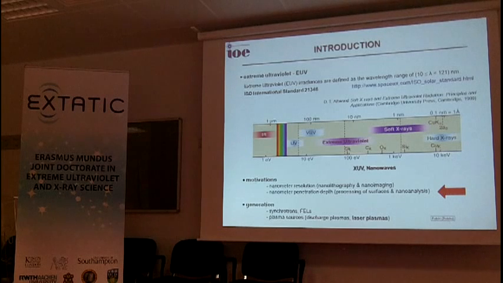However, the penetration depth is very, very low. EUV light at 10 nanometers, for instance, is absorbed in a very thin layer of different materials, depending on the atomic number and density. For instance, for polymers it is less than 100 nanometers. For metals it is less than 10 nanometers. So we should remember that this penetration depth of EUV is very low, and it can be used in different applications. It's a very important parameter.